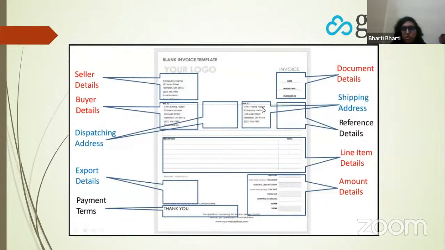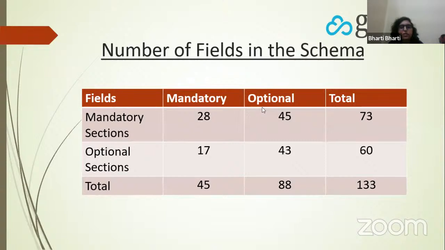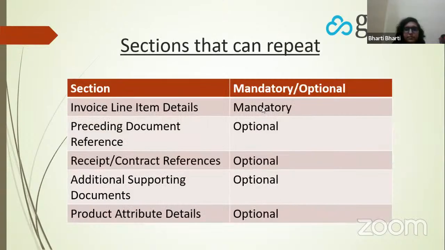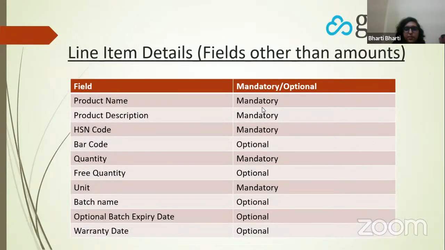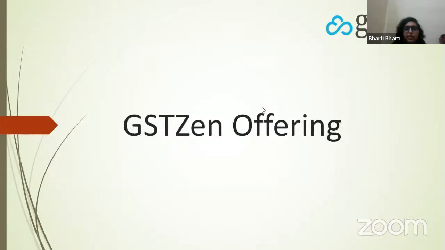You can choose to provide these details while generating the e-invoice, or you can leave them altogether from reporting. So the mandatory fields are 28 and the total fields are 133. You can look at this table to see the total number of mandatory fields and the optional fields. Okay, so this is what I have explained through the image, which are mandatory and optional.